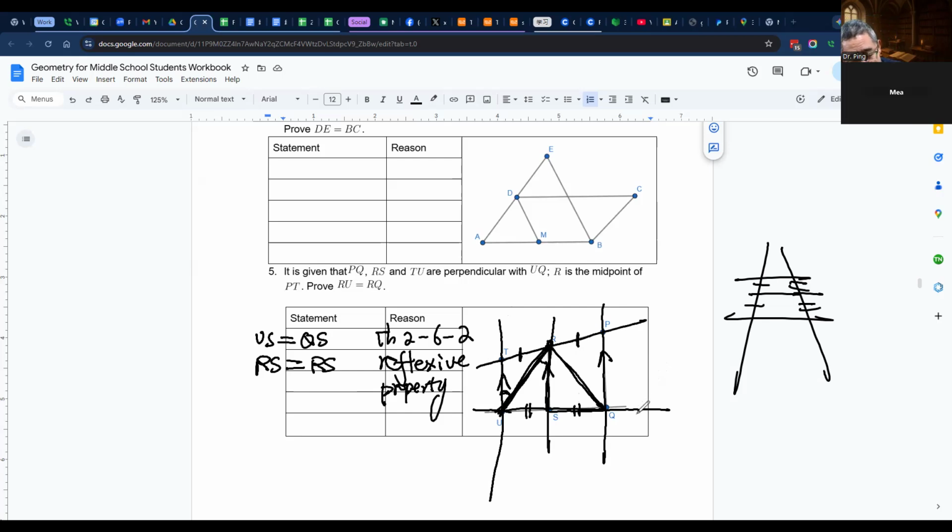And we know this is congruent to that. And so if we connect them, RU equal to RQ.